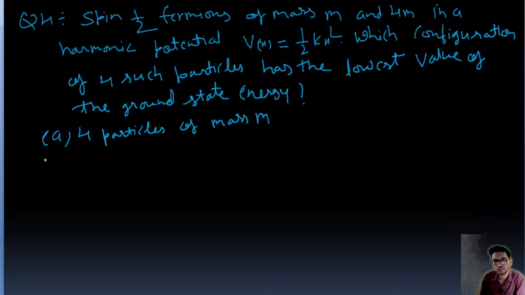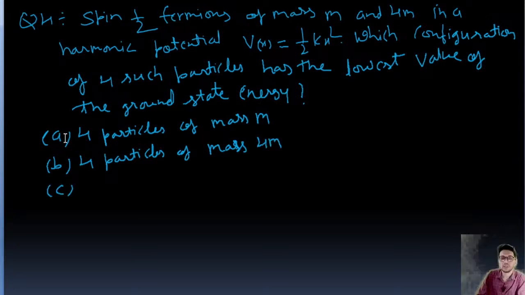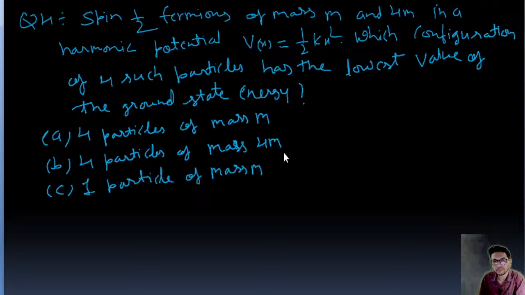Option A is four particles of mass m. Option B is four particles of mass 4m. Option C is one particle of mass m and three particles of mass 4m.